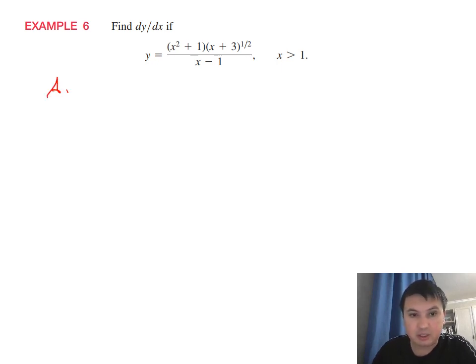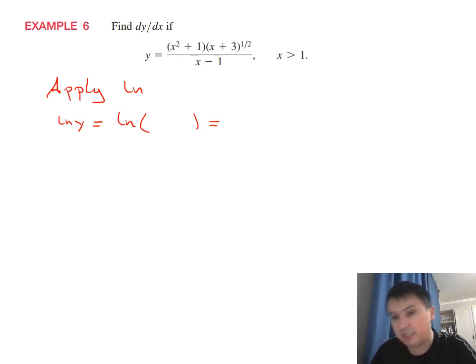So apply ln to both sides. What happens? I get ln of y is equal to ln of this expression, right? But then from the properties of ln, if you remember, ln of a times b is ln of a plus ln of b, and you remember the property ln of a divided by b is ln of a minus ln of b. So if you apply these properties, in fact, we get the following.